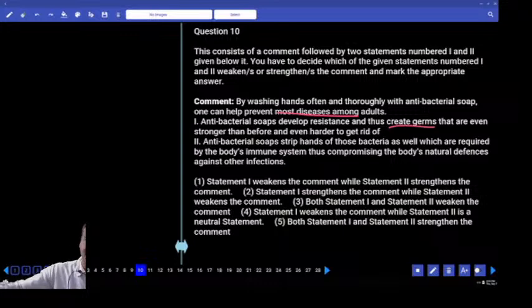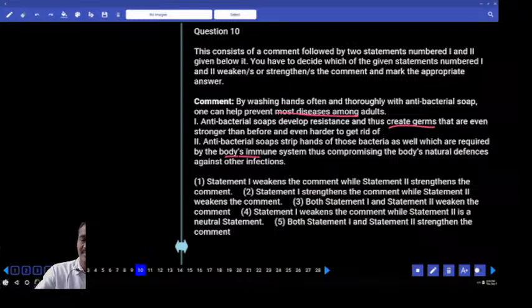Now, will they create germs? They will get rid of the germs. They will not create the germs, isn't it? So the first one is contradicting the above statement, that is weakening. Then the next one: antibacterial soaps strip hands of those bacteria as well, which are required by the body's immune system.